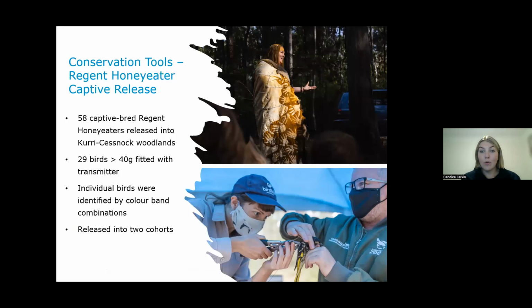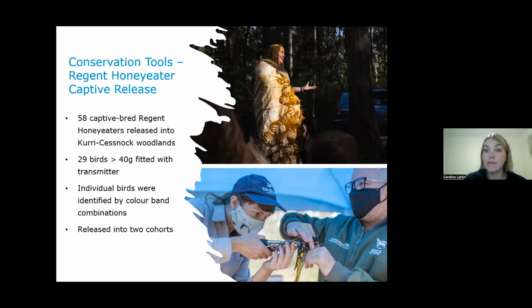So one of the really amazing things that I got to be a part of last year, and if you tune in in a few weeks, you can hear all about this amazing release. We did a Regent Honeyeater captive release in the Lower Hunter last year, where 58 captive bred Regent Honeyeaters were released into the Cessnock woodlands. 29 of those birds were fitted with a transmitter, and we were able to track them for several months.